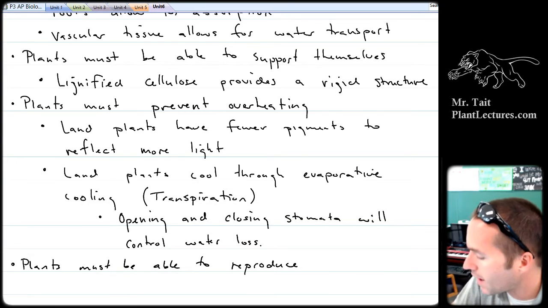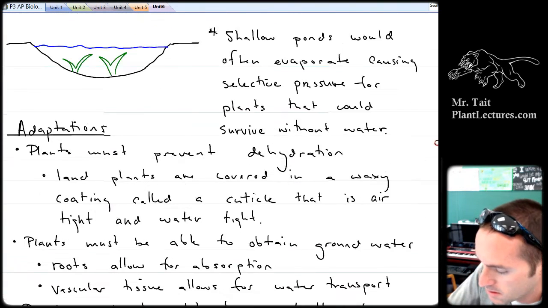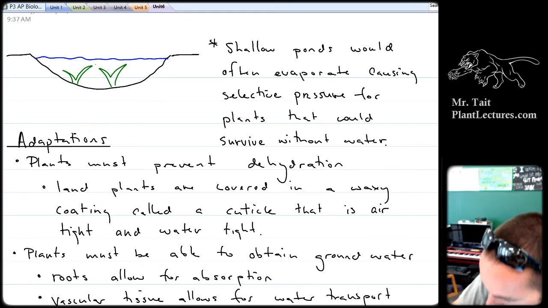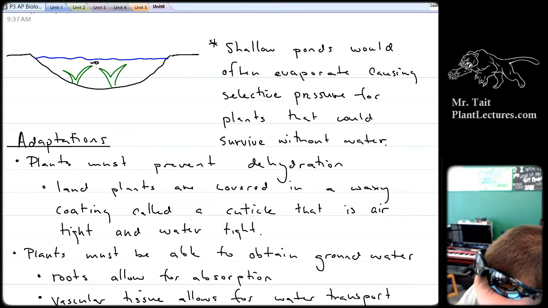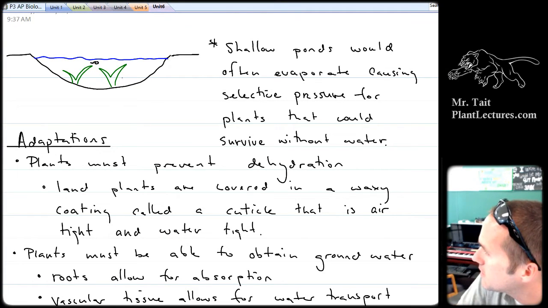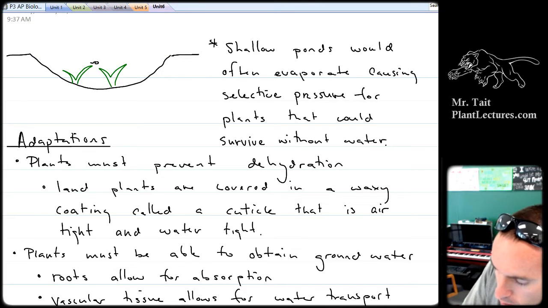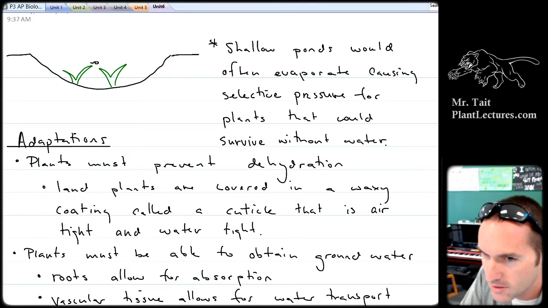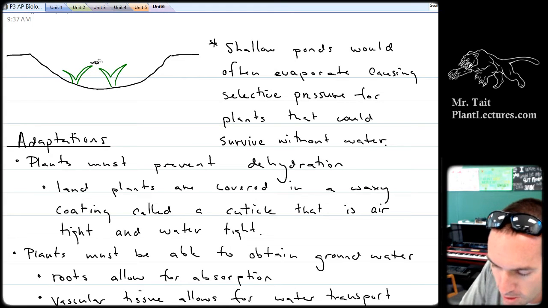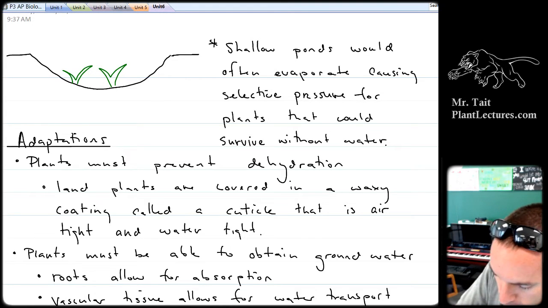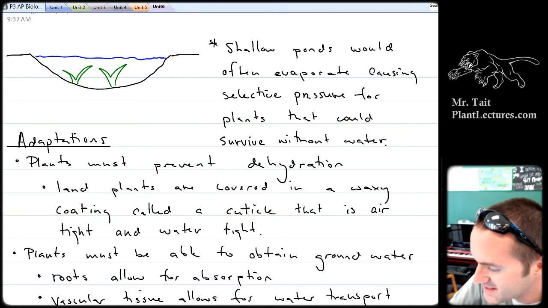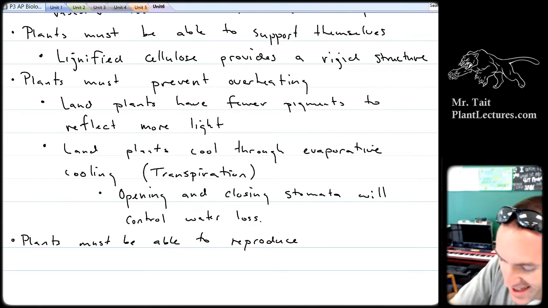So in an aquatic plant, like this guy up here, sperm is released from one plant and it swims over to the next plant and then fertilizes the egg, right? Take away the water, can sperm fly? No. So land plants have to have an adaptation that gives them flying sperm, and they do.